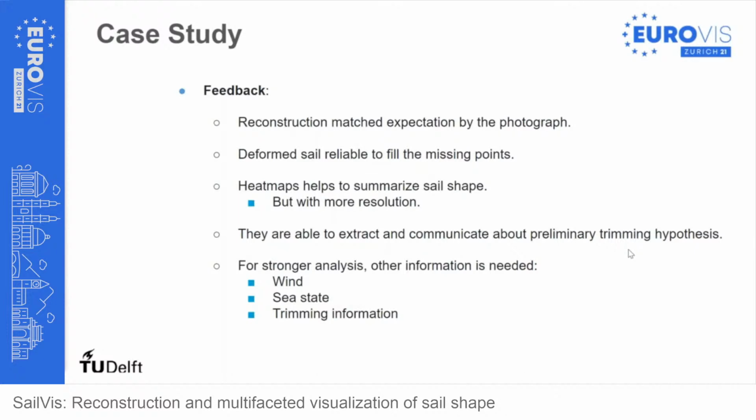The characteristic heat map can help them summarize the sail shape better, but a higher resolution will be needed for better usability. In conclusion, they are able to extract and communicate preliminary training hypotheses of sail shape and sailing performance. However, for stronger analysis and validation, other information is needed, like the wind condition, sea state, and training information.